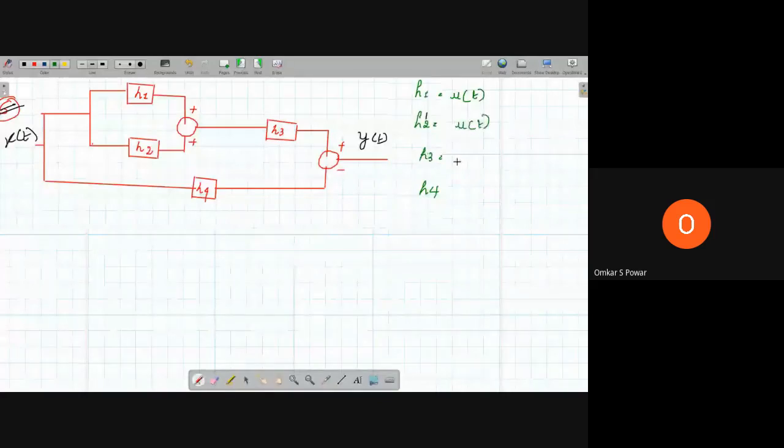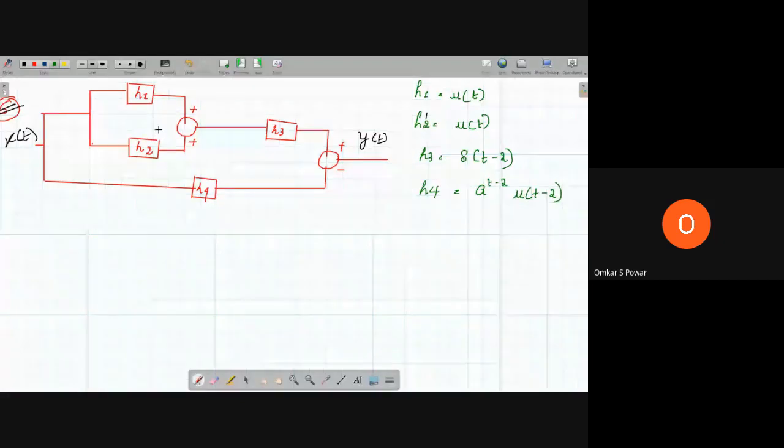H3 they have given as δ(t-2), and H4 they have given as a^(t-2) u(t-2). So you have to solve this. This block diagram is same as before, so I will not solve it again.